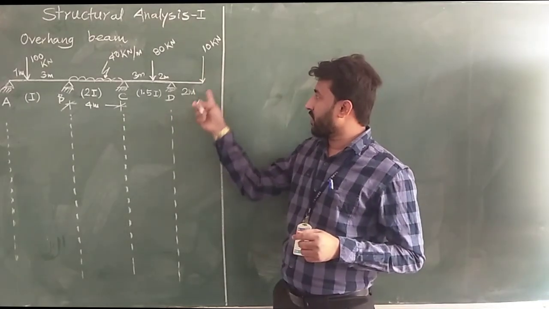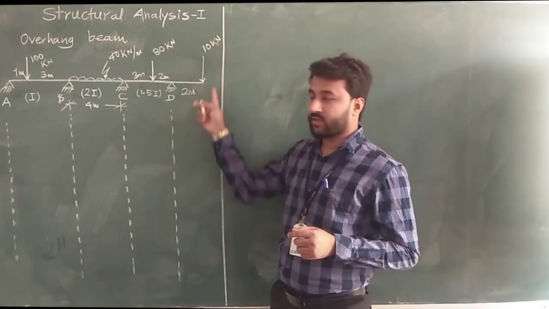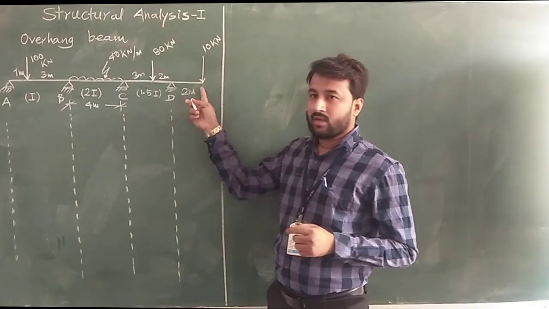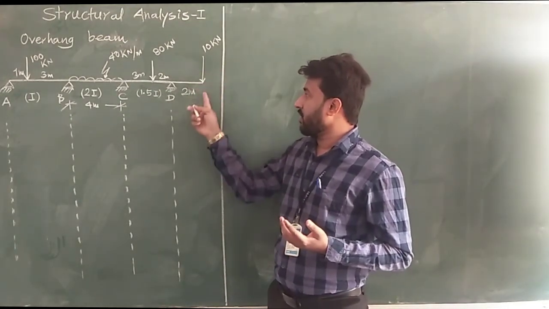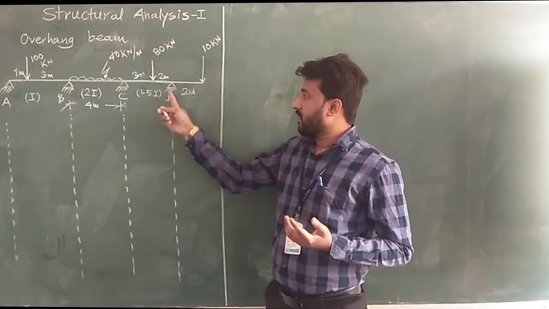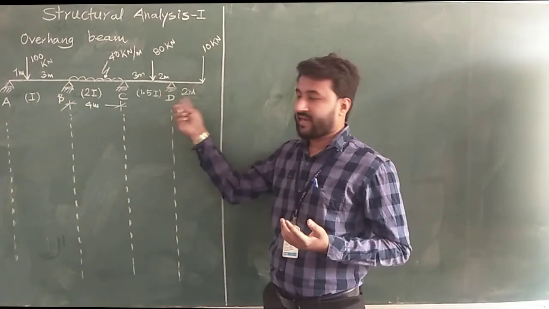So the moment will be created in the clockwise direction of 20 kN. And to counter this 20 kN moment, support D will be acting in the anti-clockwise direction with the same magnitude.